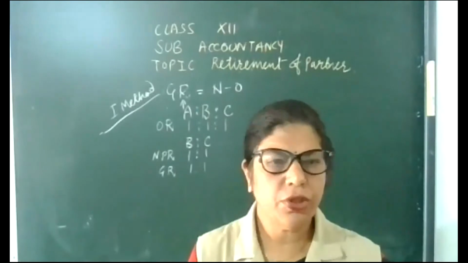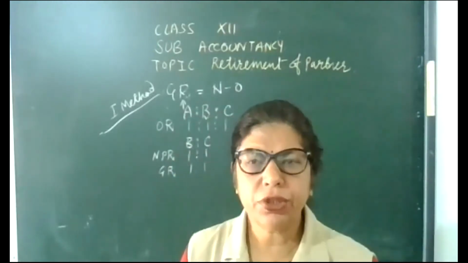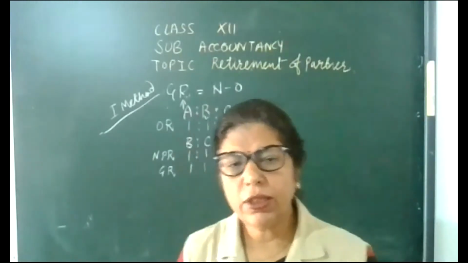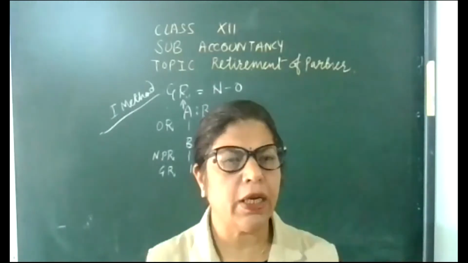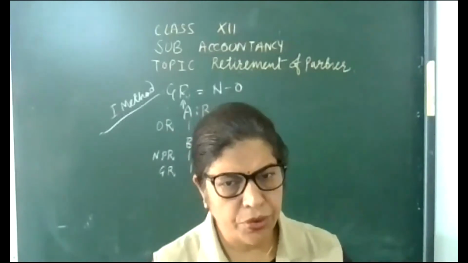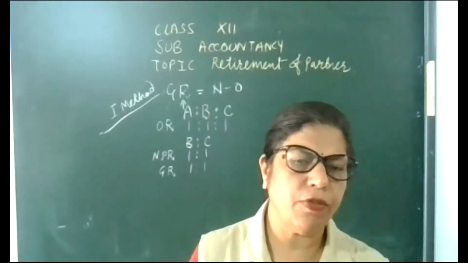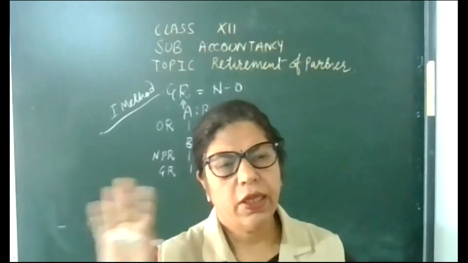The new ratio is not given, and the old ratio is also not given. What to do now? According to the Indian Partnership Act 1932, Section 4, if the ratio is not given, it will be equal.